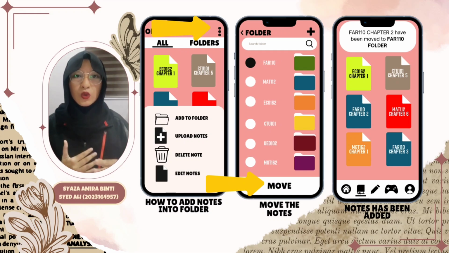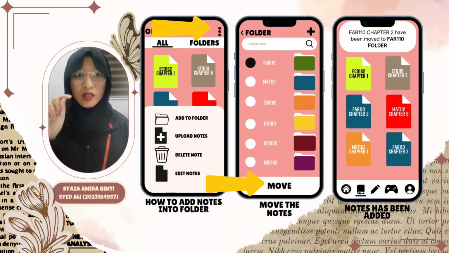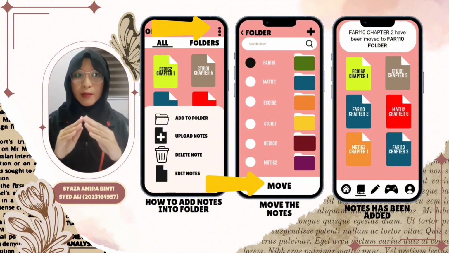To add notes into the folder, they just need to press the first option. It will lead them to this page where they need to pick which folder they want to put the notes into by simply pressing on the white circle. Once they have pressed that white circle, it will become black.